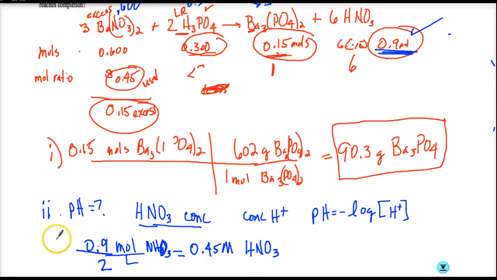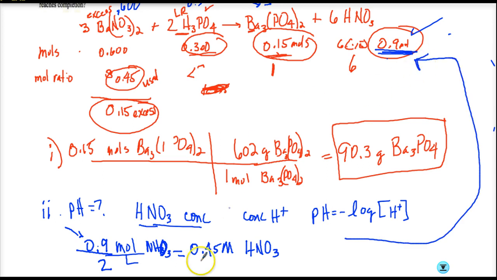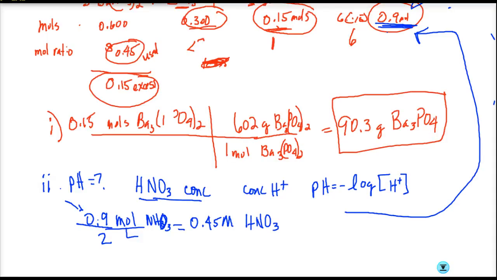Okay, so they would expect to see how you calculated this 0.9 moles, and so you should notate for them that you calculated that up here, or you should rewrite it neatly.